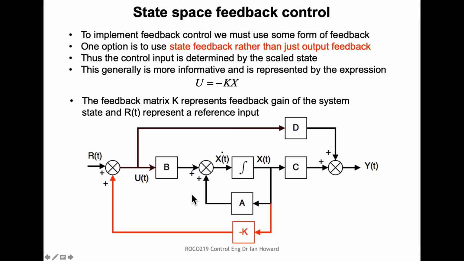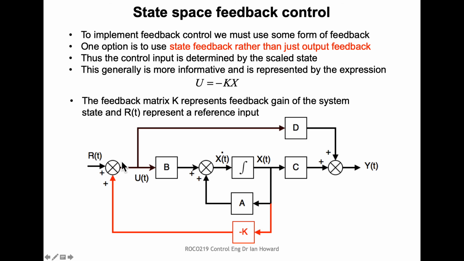So if we originally start off by considering what the state space model looks like, that's the parts of this diagram in black. That's basically our signal flow graph for a state space model. And what we see now is we've added in this u equals minus kx pathway. I shan't go through what we were doing before for the state space model, but basically we're tapping off the state x here, passing it through gain vector minus k, and then feeding that back to the input here.